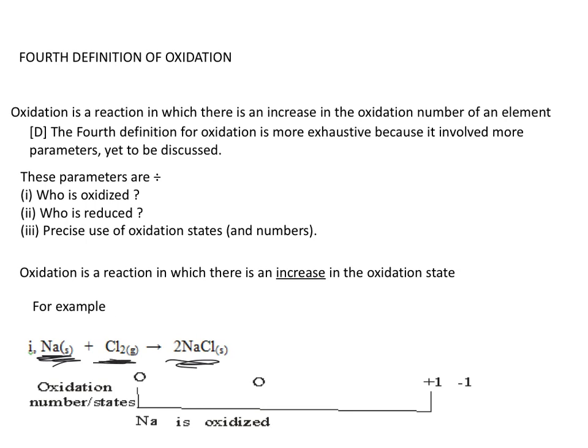Chlorine at this state, the oxidation number is 0, but in this compound, the oxidation number of chlorine is -1. So there is an increase in oxidation state for sodium. Sodium was oxidized because its oxidation number increased from 0 to +1.